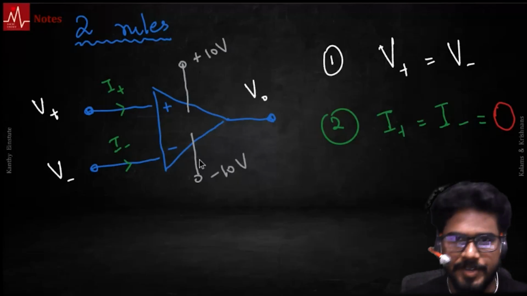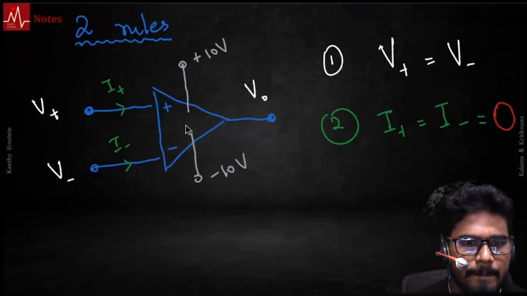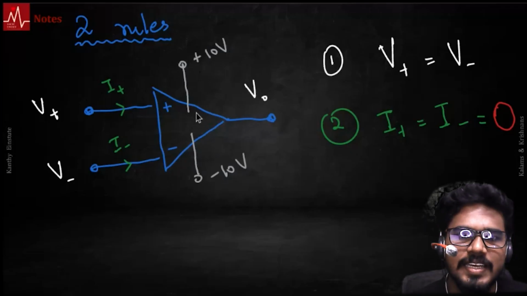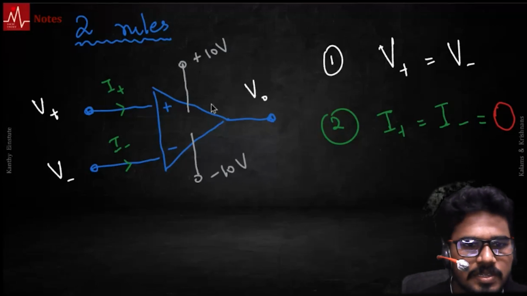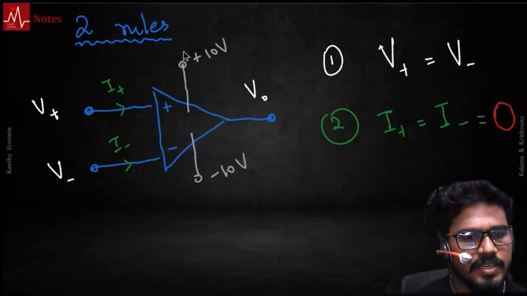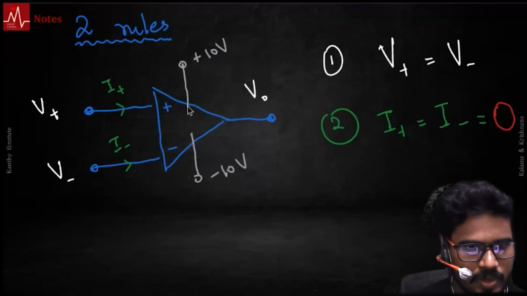It is taking in power. This is an active device. So passively, it cannot increase the gain. Input voltage is one, it cannot make it two, right? But it does it by taking external power. So energy is still conserved.